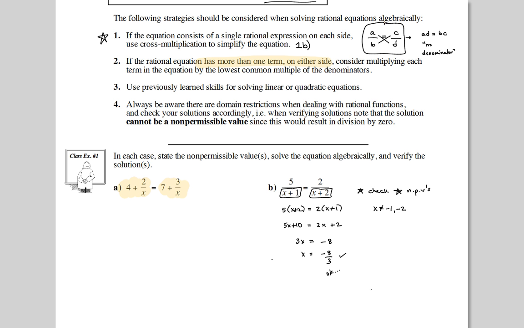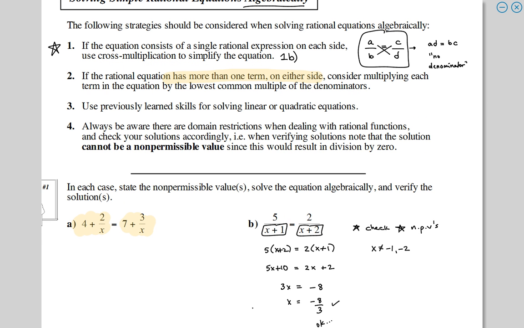That's an interesting strategy. Okay, so let's take a look at this. It would kind of be like A plus B over C equals D plus E over C. That's what this looks like in general.